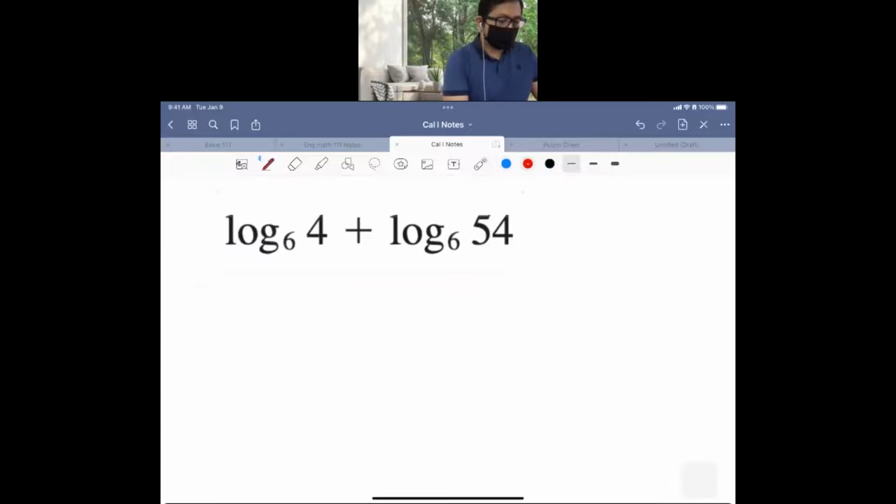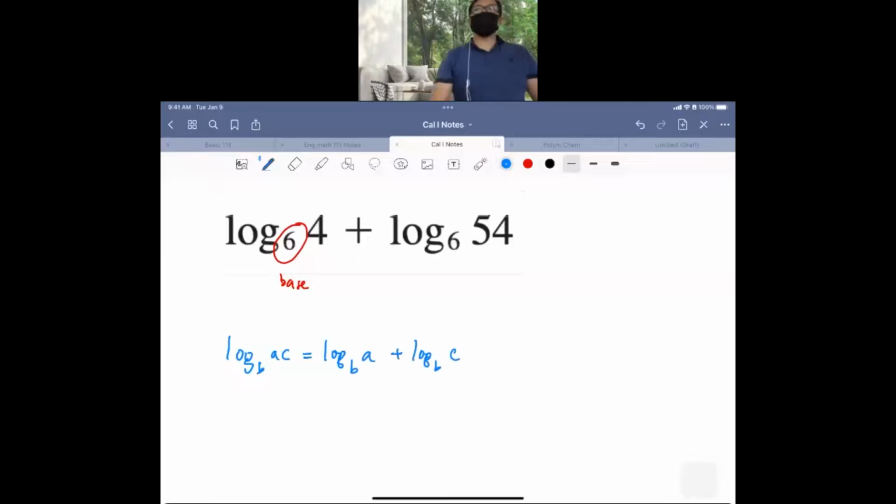Remember, in log we have this, called the base. And how we can compute our log is basically, usually you have A or B, or let's say this is AC. We can separate this to become A plus C. So that means we have log and then we have plus.